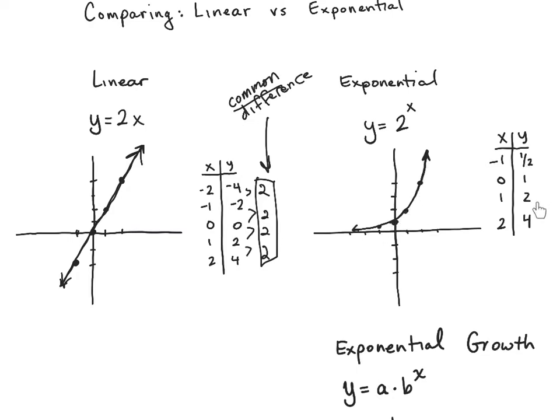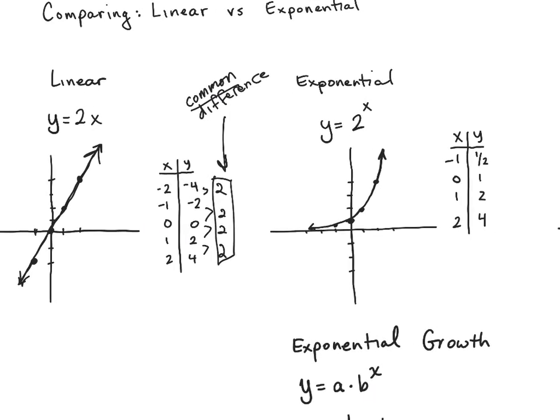Okay, and I've labeled some points here on the graph, and then I've written those points in a table of values. Now, if we look at the difference between 1/2 and 1, it's a difference of 0.5.